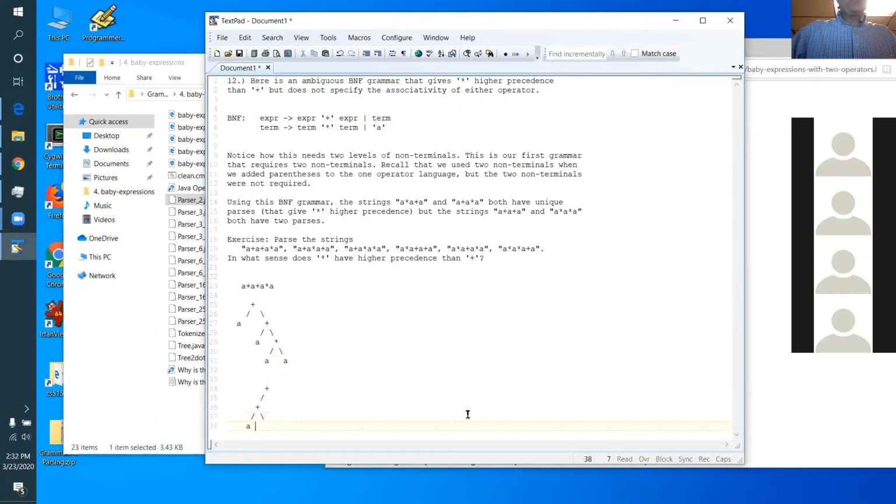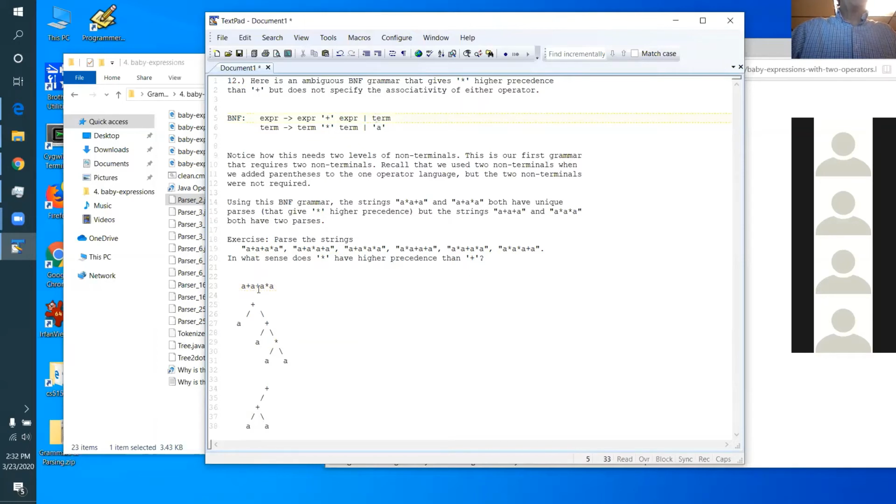So that was this plus with an expression on the left that is A plus A, and then it'll be an expression on the right, but the expression on the right is going to be a term.